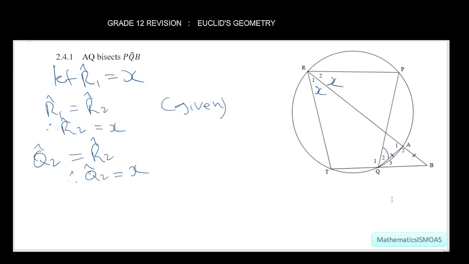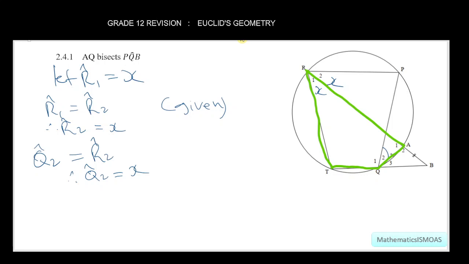Now, let's look at cyclic quadrilateral RTQA.